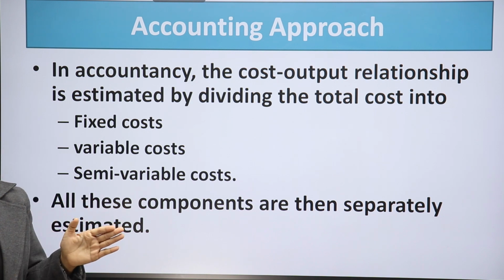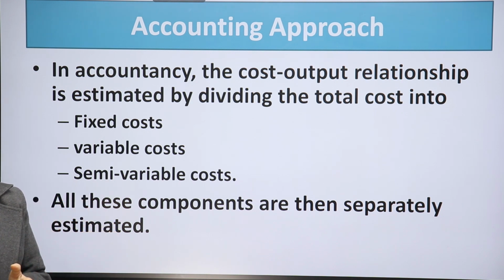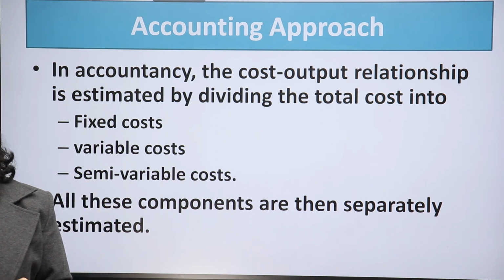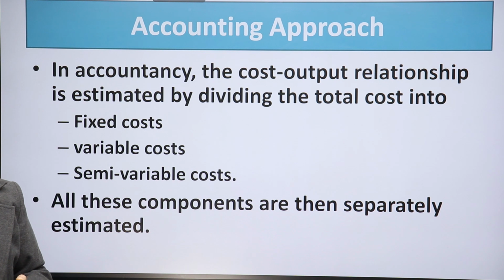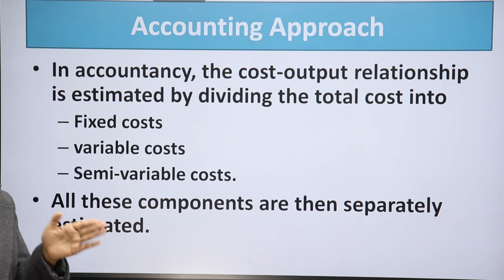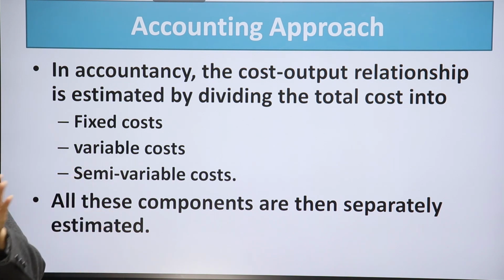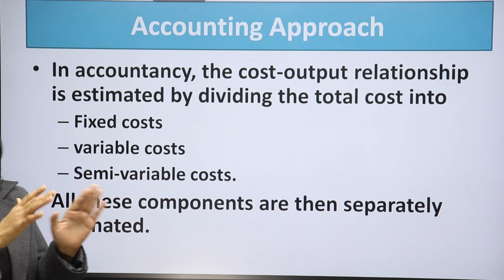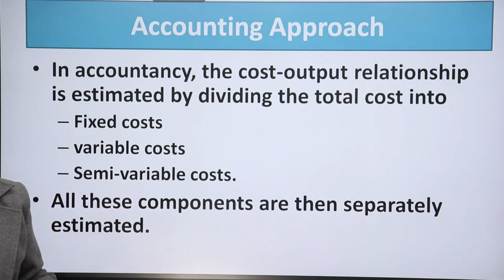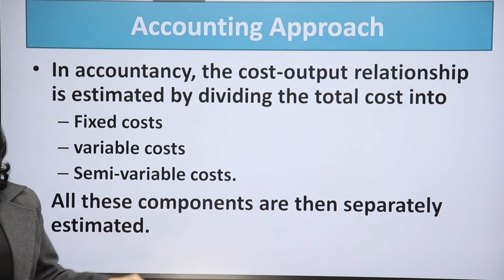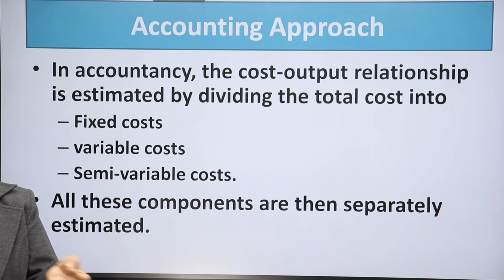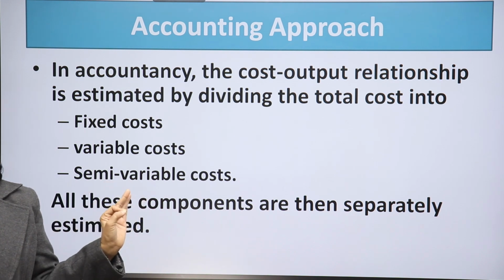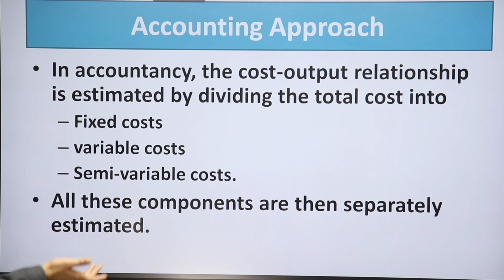That is semi-variable cost. Then suppose frying pans in your hotel industry. When I was doing some survey in the hotel industry, they told me that, ma'am, we use these frying pans not more than 10 to 15 days. That means these frying pans will not last more than 10 to 15 days. At homes, we can use our frying pan for more than a year or 2 years. But in restaurants, these frying pans do not last more than 1 or 2 weeks. So these are semi-variable costs.